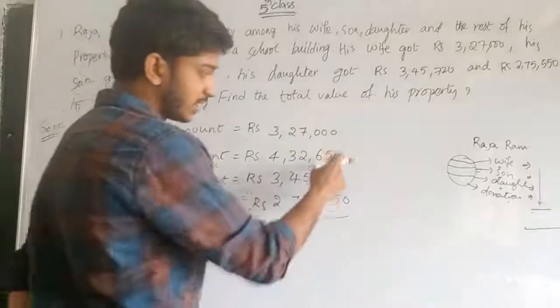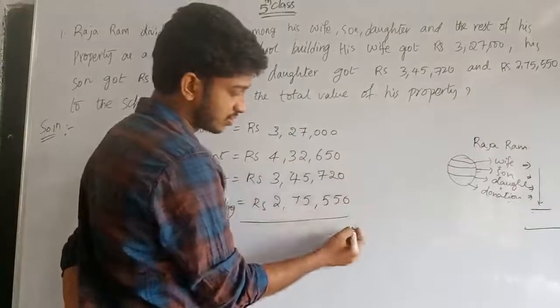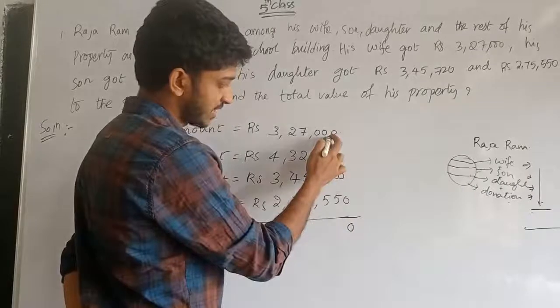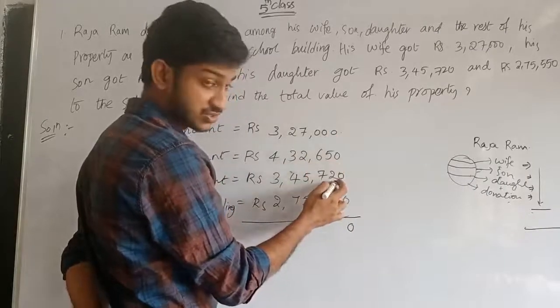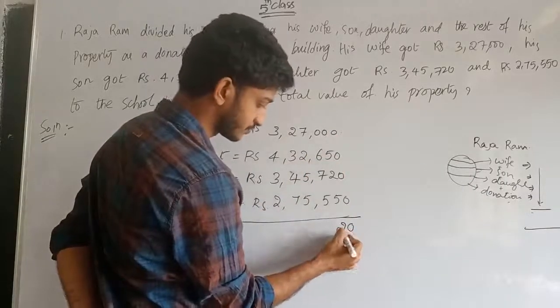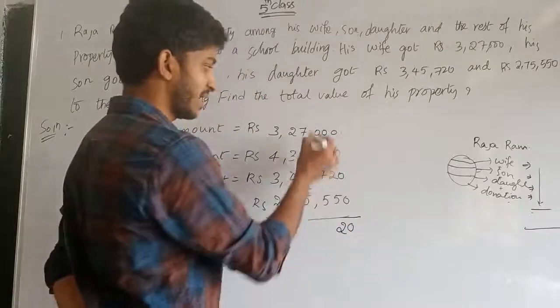So see here, 0 plus 0 plus 0 plus 0, 0, and 0 plus 5, 5 plus 2, 7, 7 plus 5, 12. 2 in the sum and 1 is carry.